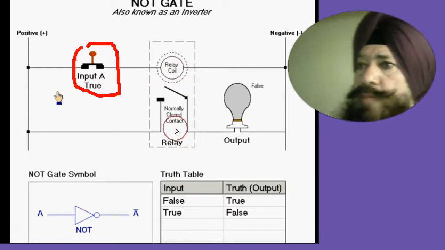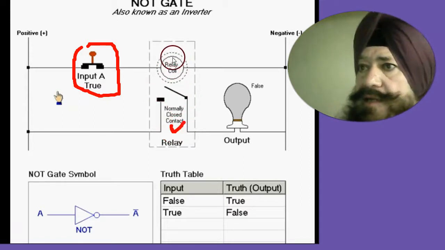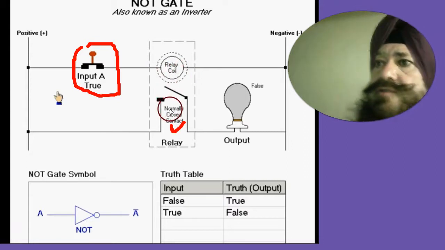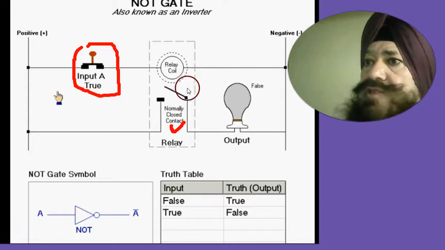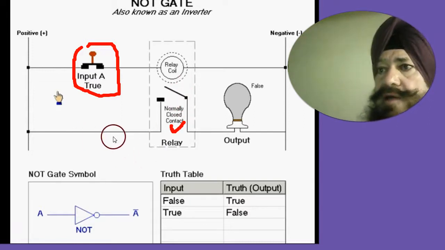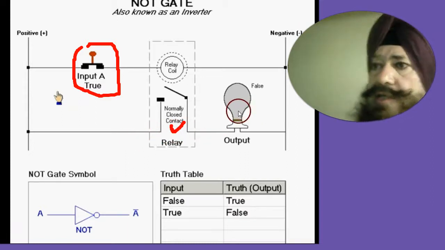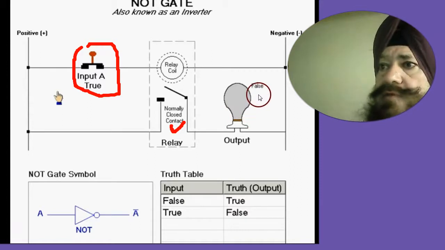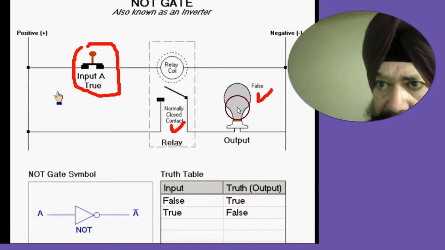That magnetic energy forces this relay switch to open. When this switch becomes open, no current can flow through this line, and now the state of the bulb becomes false because the lamp is not giving us light.